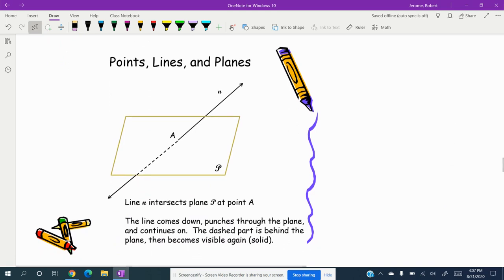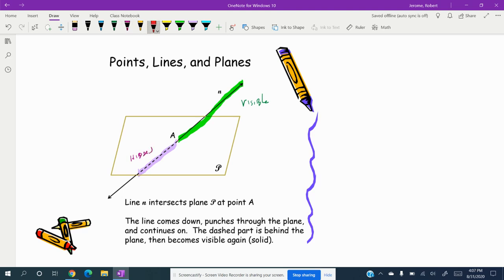We could also have intersections of planes and lines. So if you think about this, we have part of the line that's solid. That means it's visible. We have part that is hidden, right? Or dashed, right? So dashed means it's hidden. It's in the back.